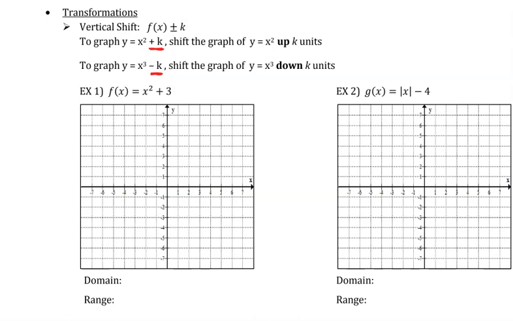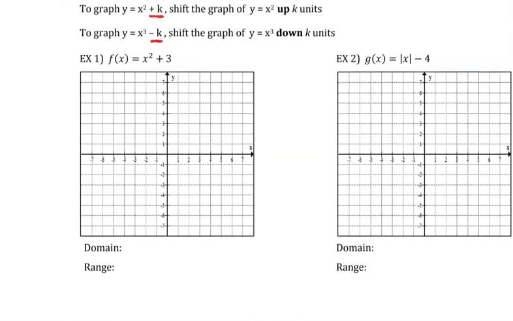If you have that, all that does is move the graph up or down that many. So if you have x squared plus k, it would go up k. If you have something like x cubed minus k, it would go down k.